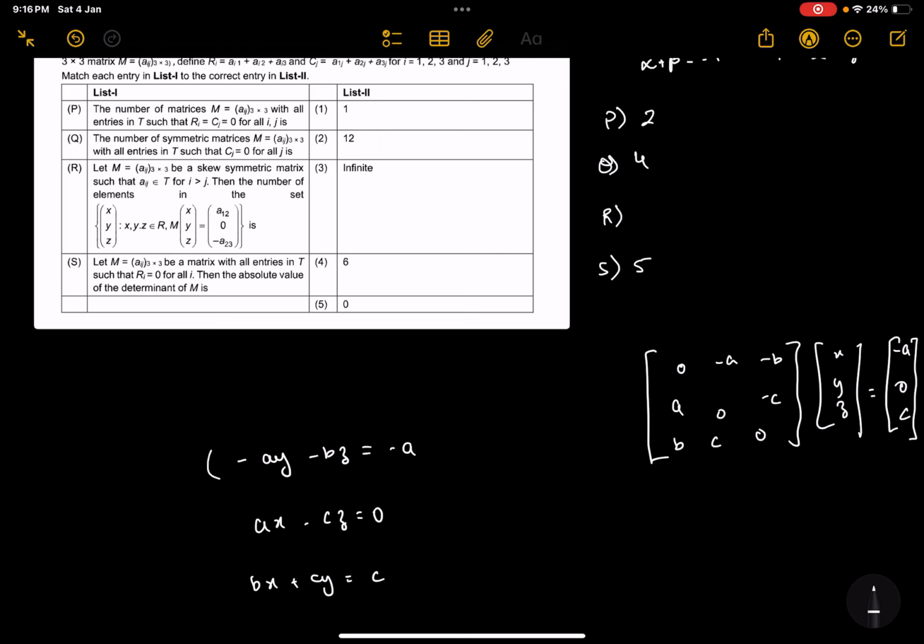Multiplying the first equation by minus 1, all the minus signs will go away. So we have BZ equals A into 1 minus Y, AX equals CZ, BX equals C into 1 minus Y. Let's for a second replace 1 minus Y by Y prime.